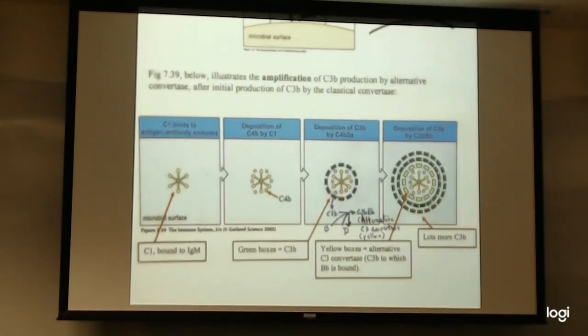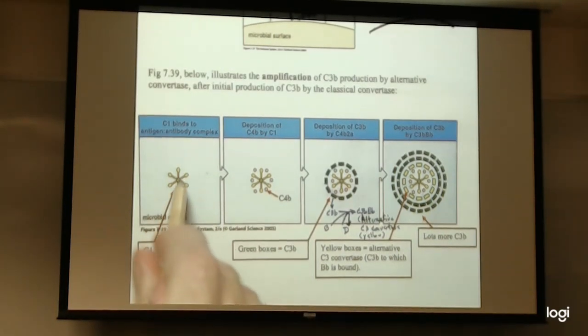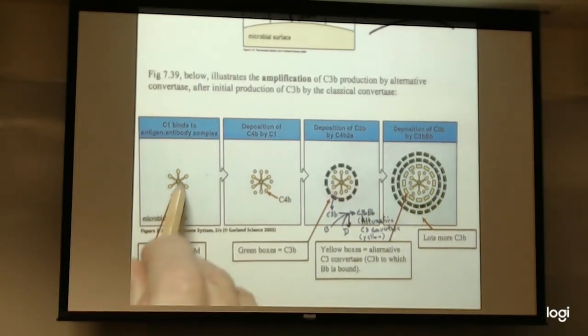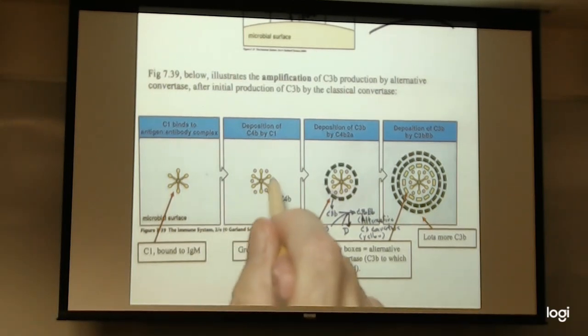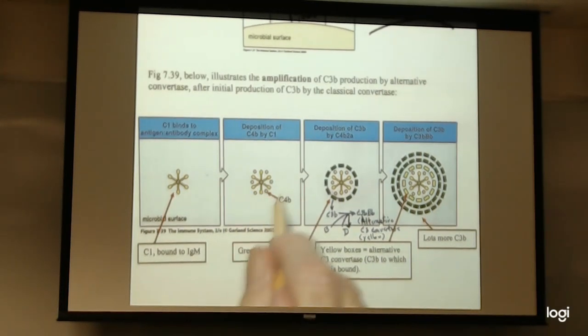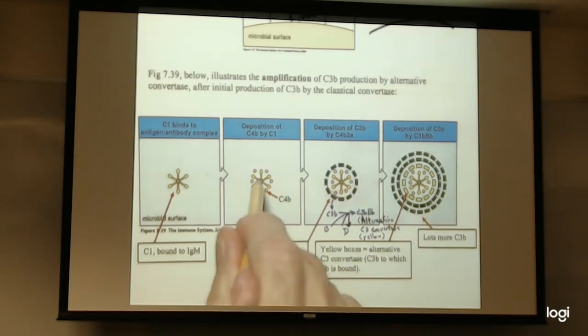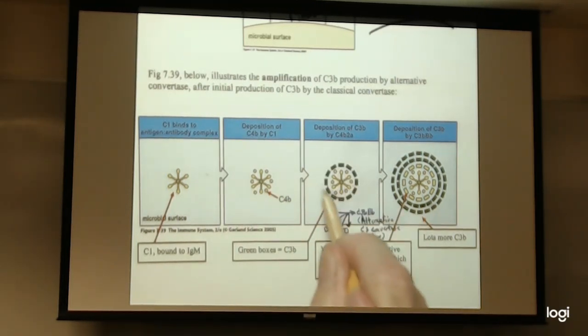So here's looking from above. Here's the C1q attaching to an IgM on the surface of a bacterium. And then we get cleavage and deposition of the C4b protein here. Then we get creation of the classical convertase here, and we start making some C3b.